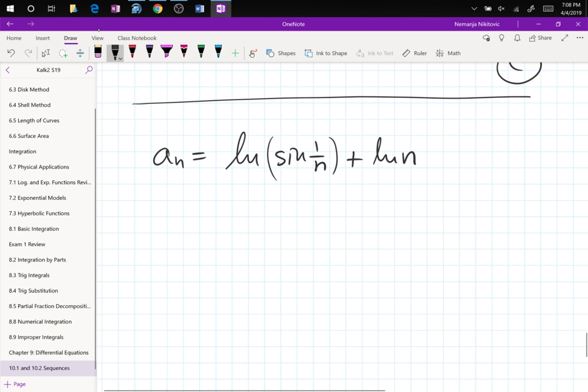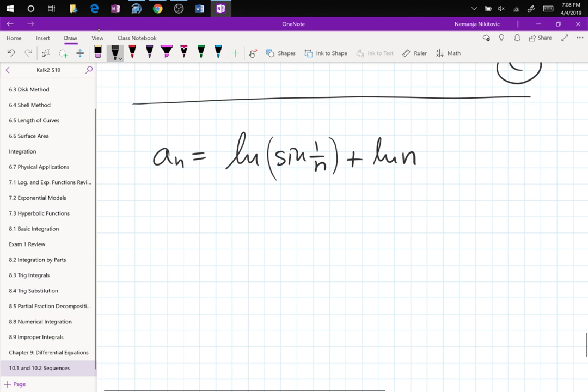What would you do? I say it converges to one. So ln of 0, that is 1. You don't have to take it. All you have to do is plug in.